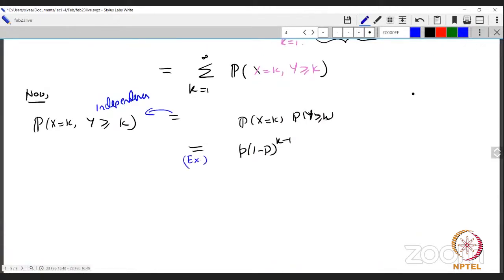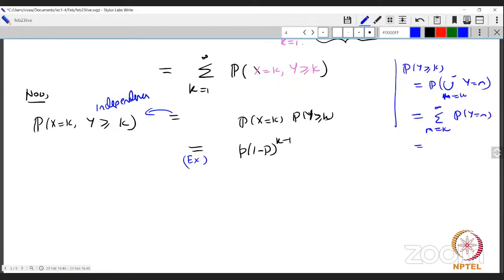Let's just do that. The probability y bigger than or equal to k is the same as the probability of the union over m equal to k to infinity of y equal to m. That's the same as the sum from m equal to k to infinity of the probability y equal to m, which is p times the sum from m equal to k to infinity of 1 minus p to the m minus 1.